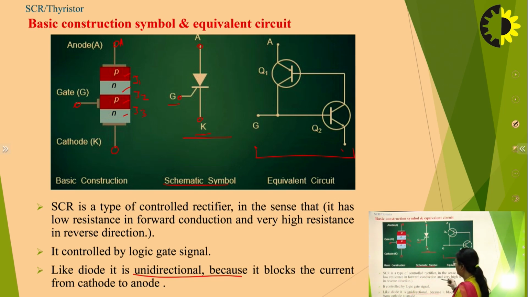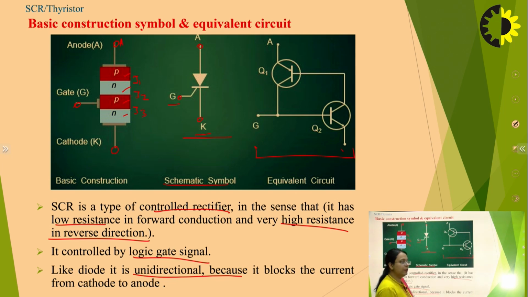This is a type of controlled rectifier in the sense that it has low resistance in the forward conduction and very high resistance in the reverse direction, and it is controlled by the gate signal. Once the SCR gets turned on, it cannot be turned off by simply removing the gate signal.